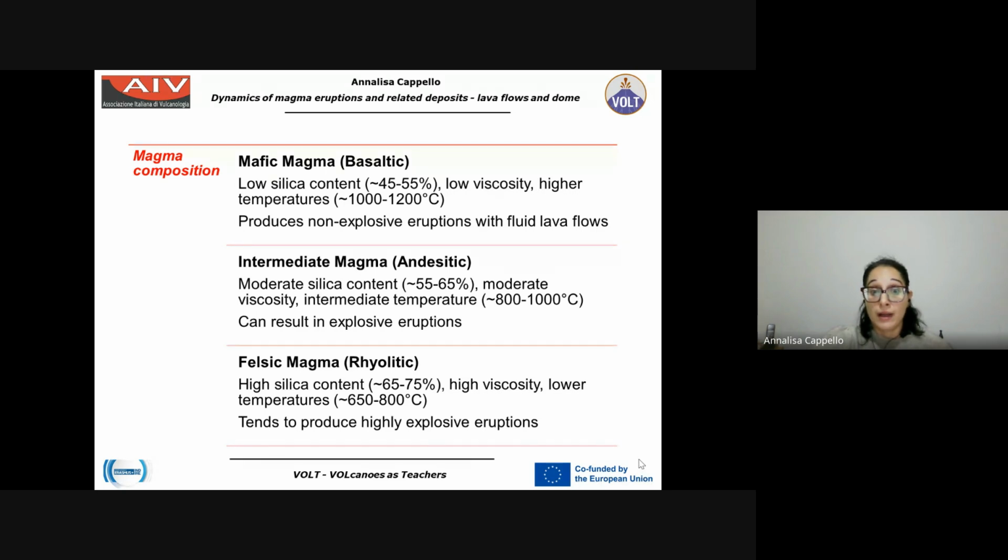So they are highly viscous, and for this reason they erupt at lower temperatures, between 650 and 800 degrees. And for this reason, this magma tends to produce highly explosive eruptions.